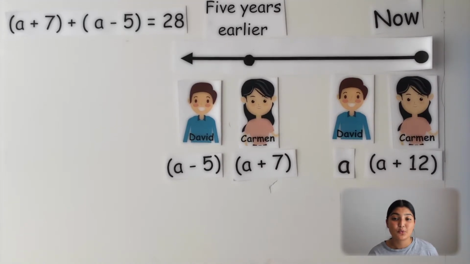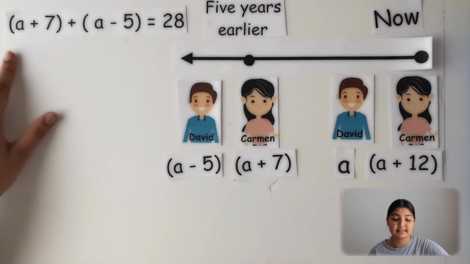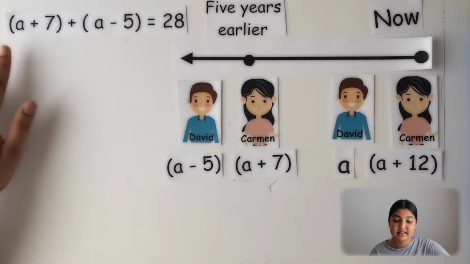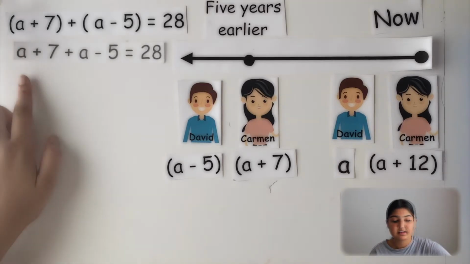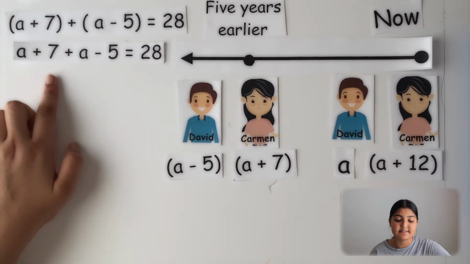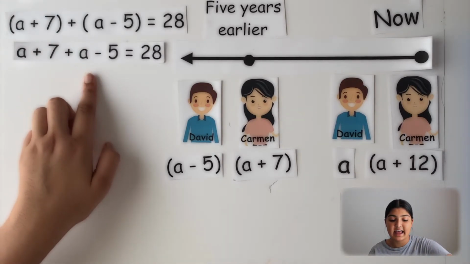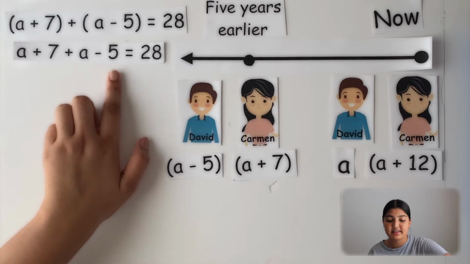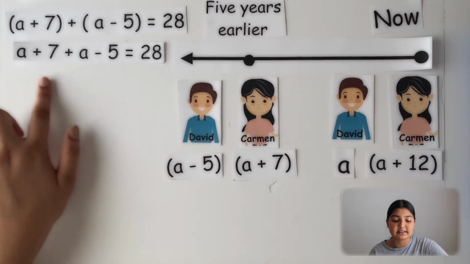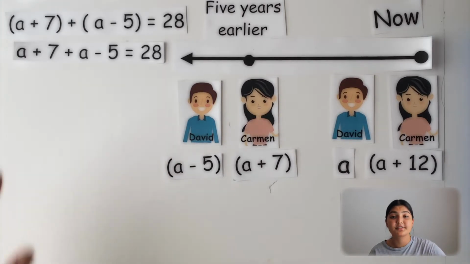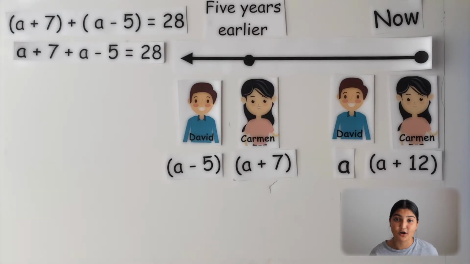So we can write our equation like this. Now let's remove the parentheses. A plus 7 plus A minus 5 is equal to 28. Next, let's combine like terms on the left side of our equation.